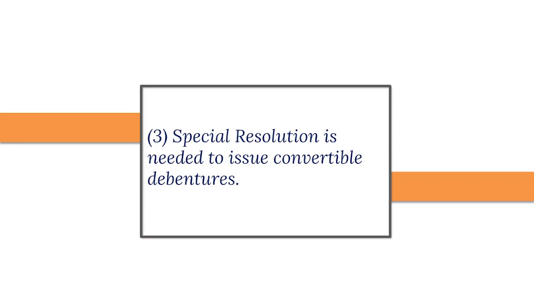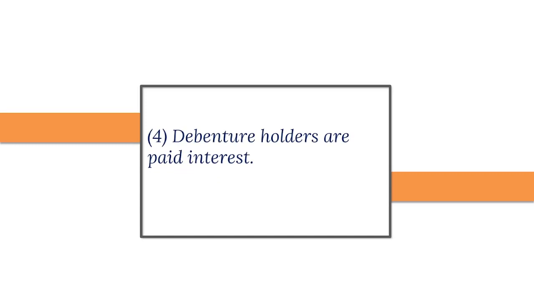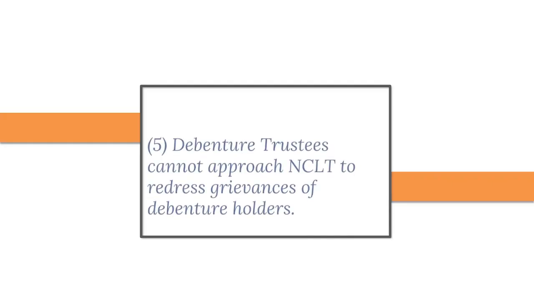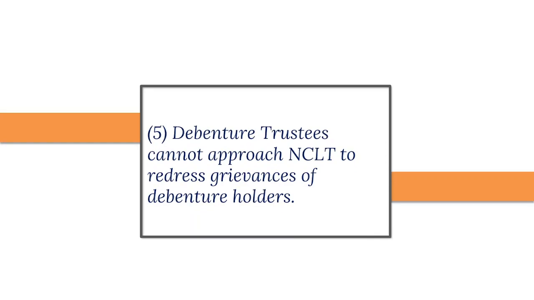Special resolution is needed to issue convertible debentures. This statement is true. 4. Debenture holders are paid interest. This statement is true. 5. Debenture trustees cannot approach NCLT to redress grievances of debenture holders. This statement is false.